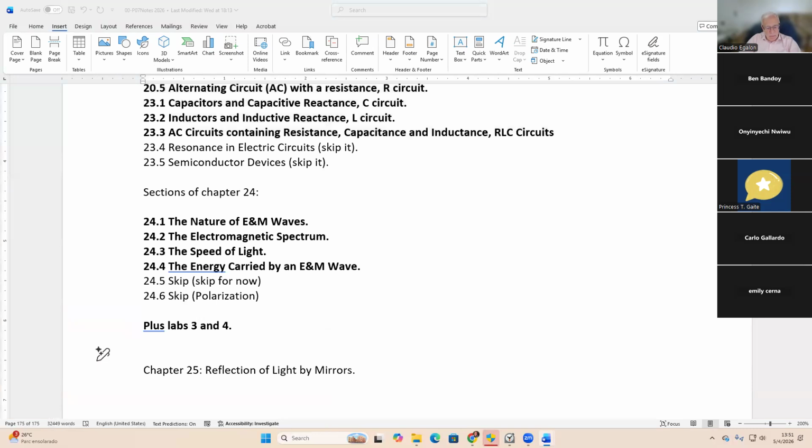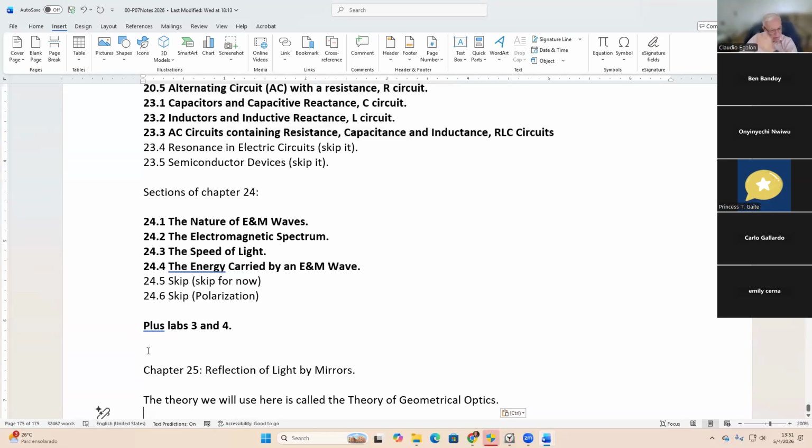The theory we use for this chapter is very powerful. I have been able to file for patents just by using this theory of geometrical optics. It treats optics using geometry, which is one of the easiest topics in math, one of the first things that we learn in math.